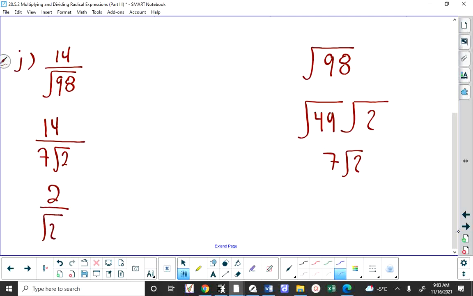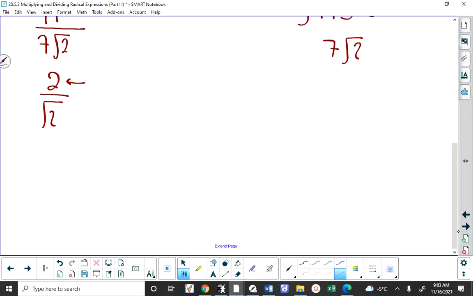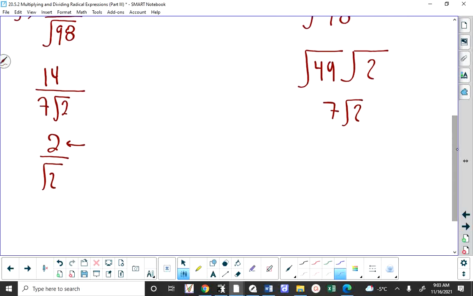And I want to just talk about that 2 on the top here for a second. Again, just going off on the side here. When you're thinking of 14 divided by 7, it reduces to 2 over 1, so that 2 is on the top. What I'm saying is when you divide numbers and there's no remainder, the answer that you get is written on the top of whatever you're working on.